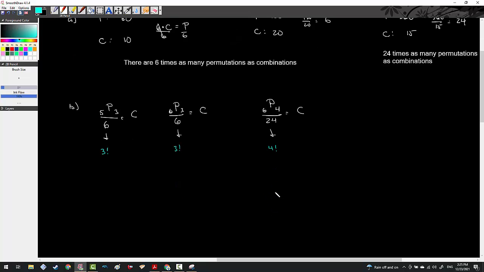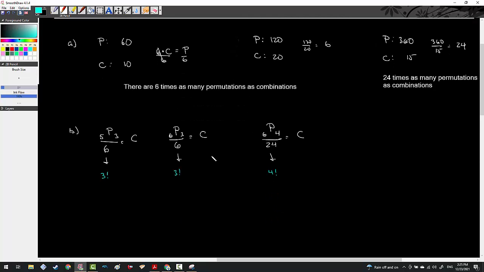So what they're asking you to make the connection of in part B is that a combination is equal to the permutation divided by r factorial. And that's going to get you something known as nCr. If the permutation is n factorial over n minus r factorial, you divide that once again by r factorial.